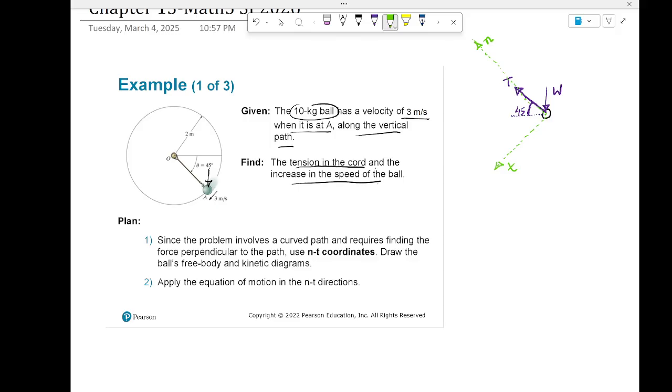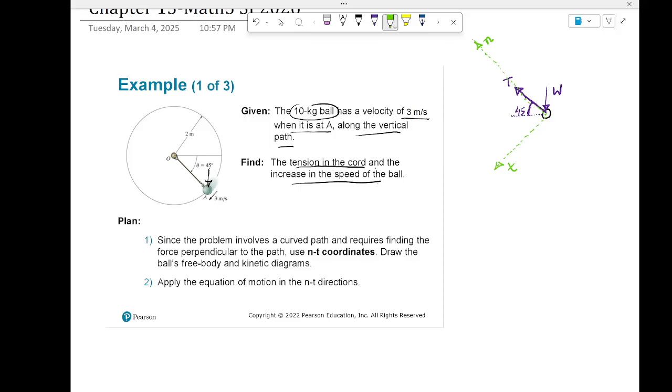All right. So this W here is not acting in either the N or T direction. So it does have these two components. Everybody understand that, right? It has an N direction component and a T direction component. And the W can be reduced to W cos 45 and W sin 45. Do you guys agree?